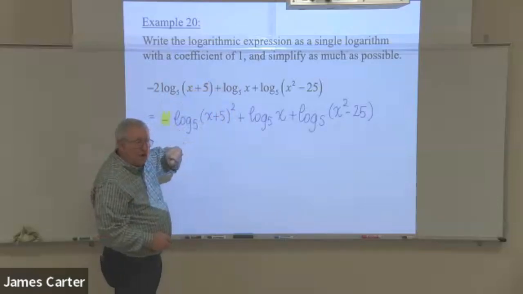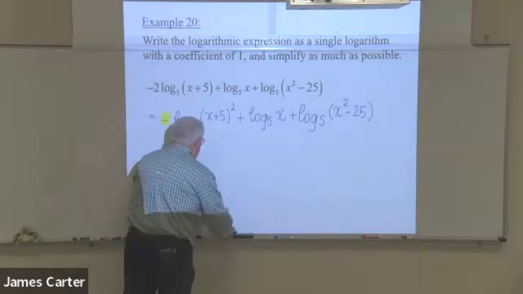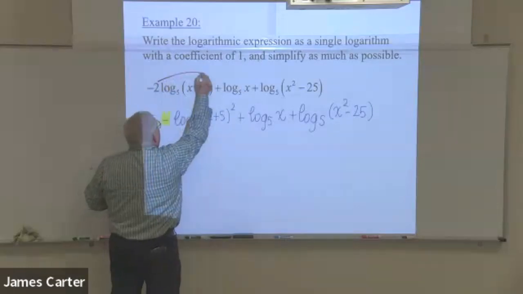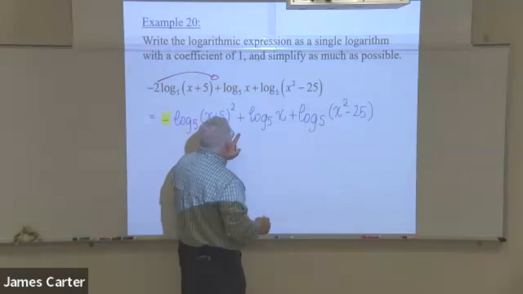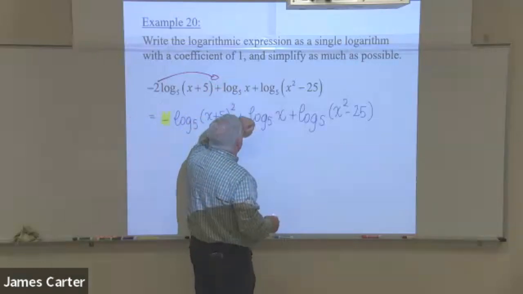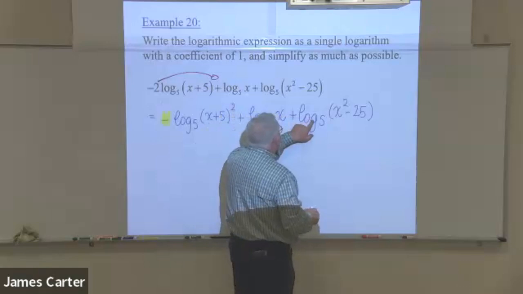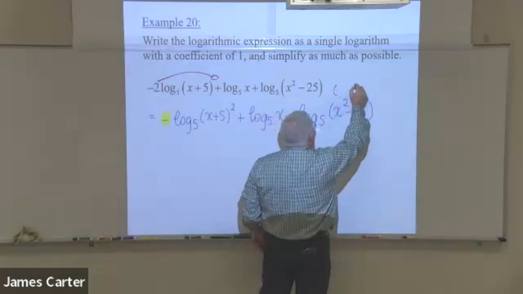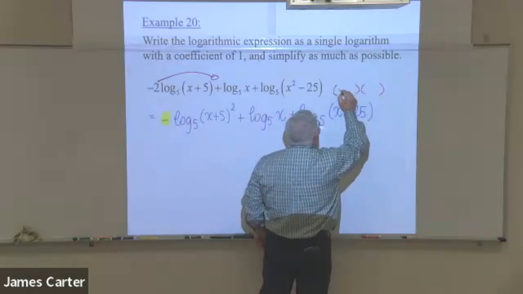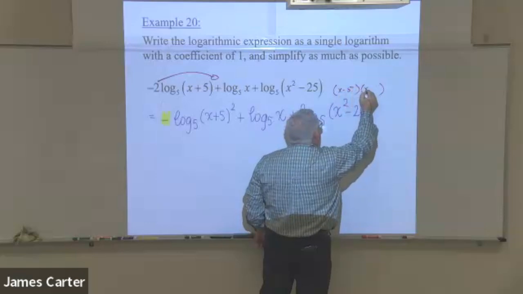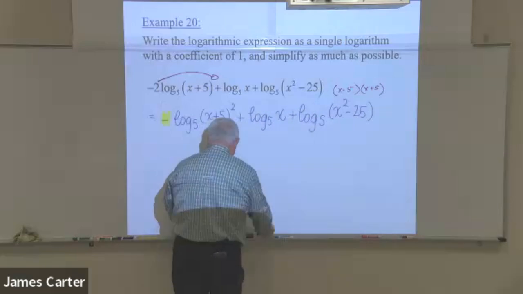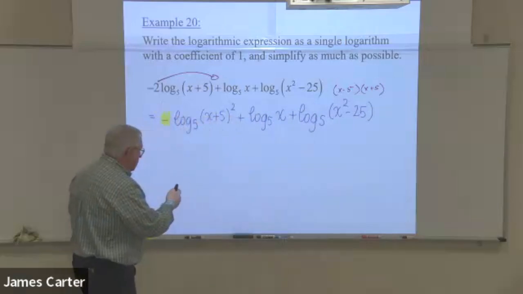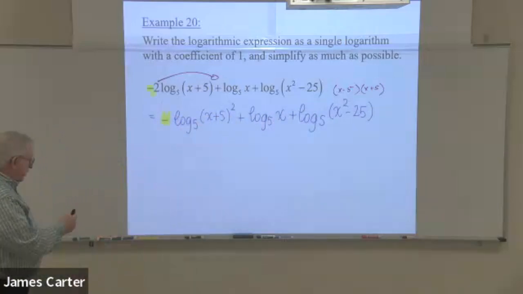We've repowered it. This went up here. What else did I do? That one, nothing. This one, eventually we're going to have to do this, I think, on this problem. So let's go on to the next step.